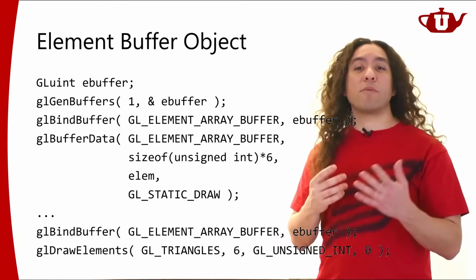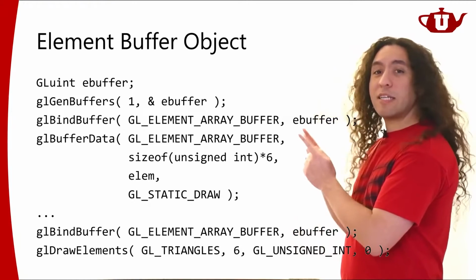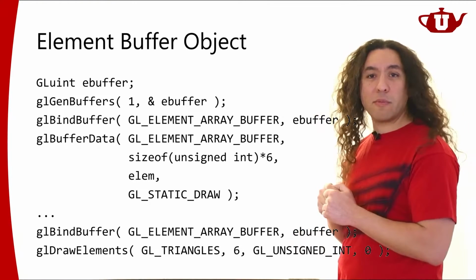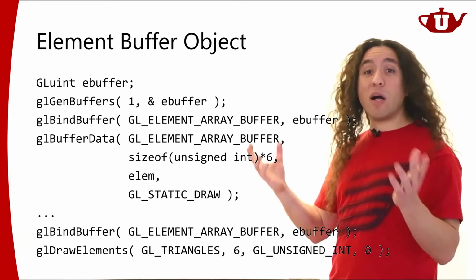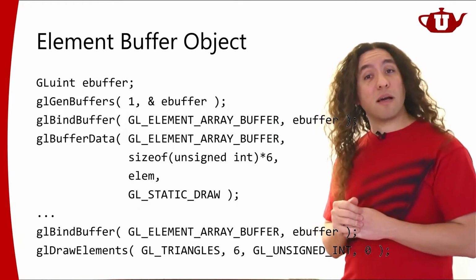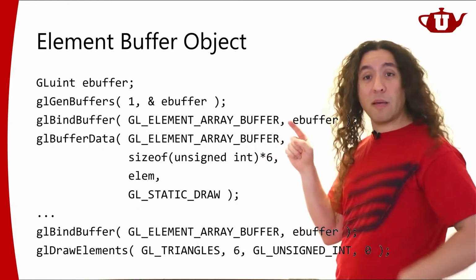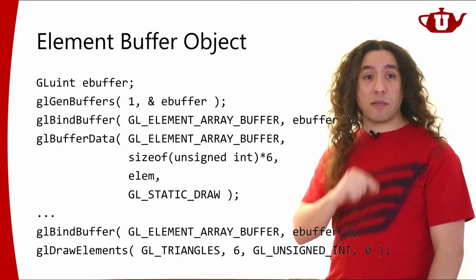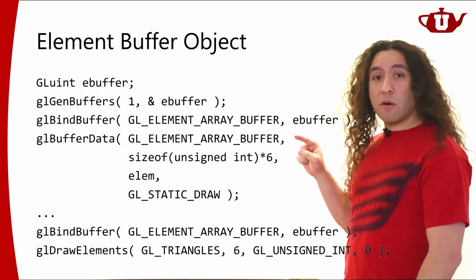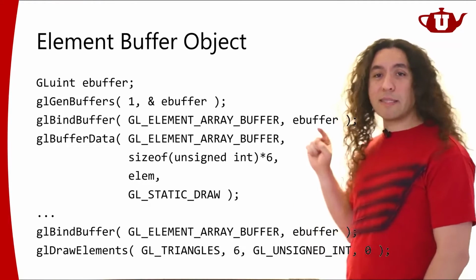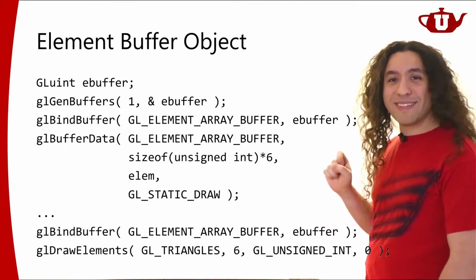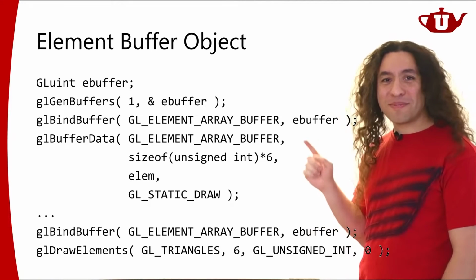In a vertex array object, there exists just one single element array buffer that can be active at any given time. We can have multiple vertex buffer objects that contain the vertex data, but element arrays, I'm going to have only one. So I can create multiple, but at any time, only one of them is going to be active, and only one of them is going to be used.